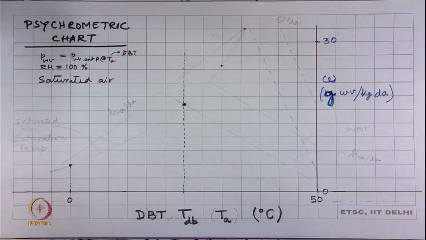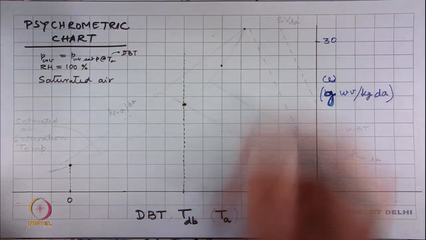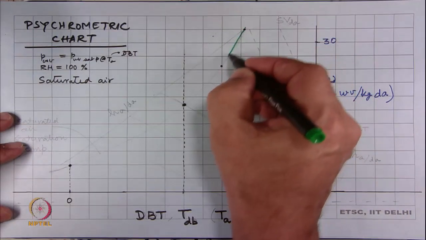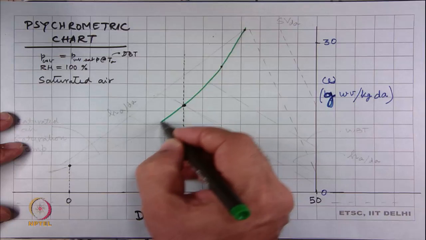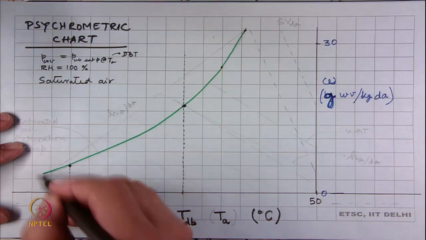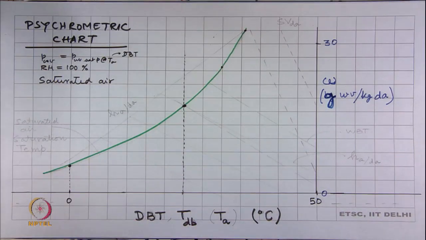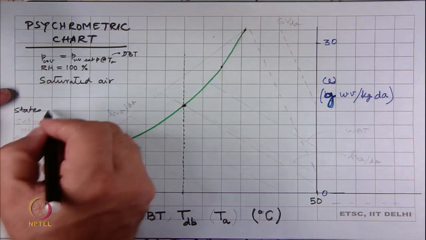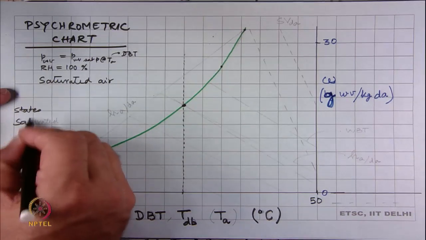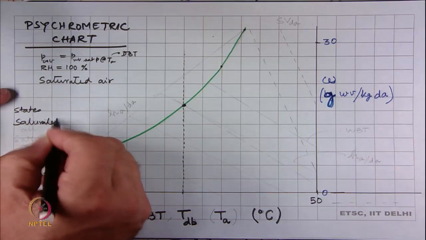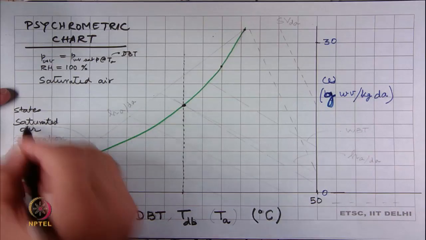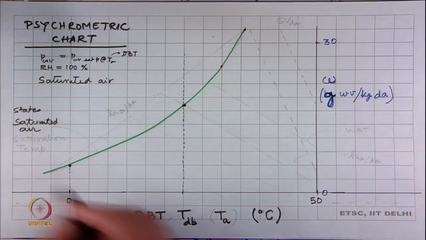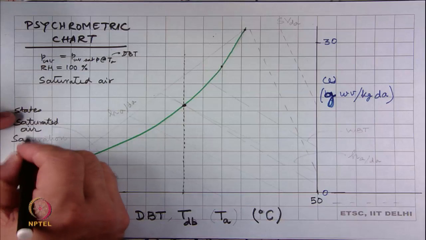So, we have this line coming up here, and this is a line of saturated air states. These are the states where we have saturated air. And the temperature is the saturation temperature.